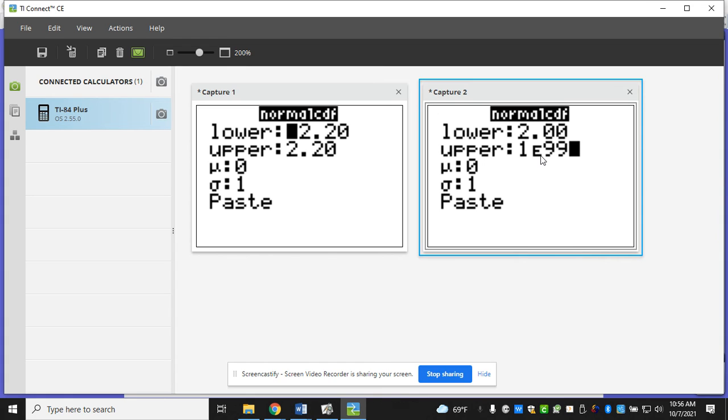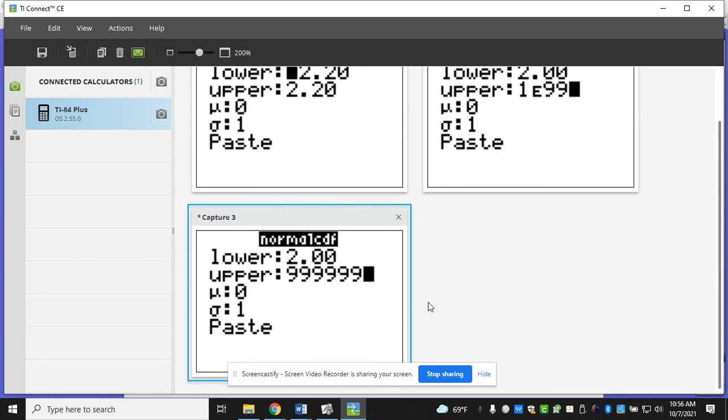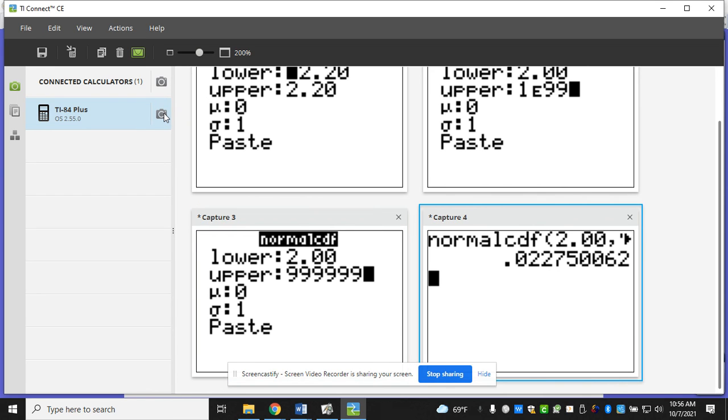The E is the second comma, which is above the 7. If you forget that and you type a whole bunch of 9s there, you're going to get the same thing. So if I do it with just a whole bunch of 9s like that, I'm going to end up getting this, which was the same thing that we got. Questions with the calculator?